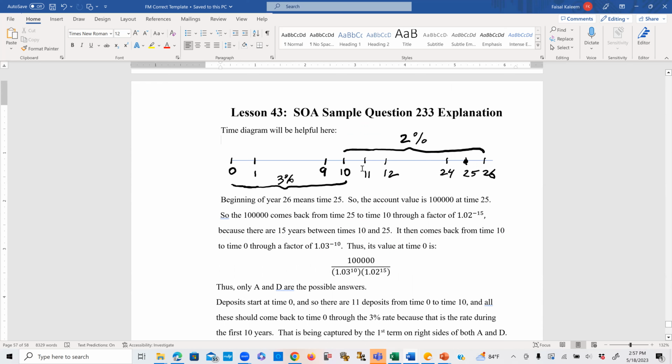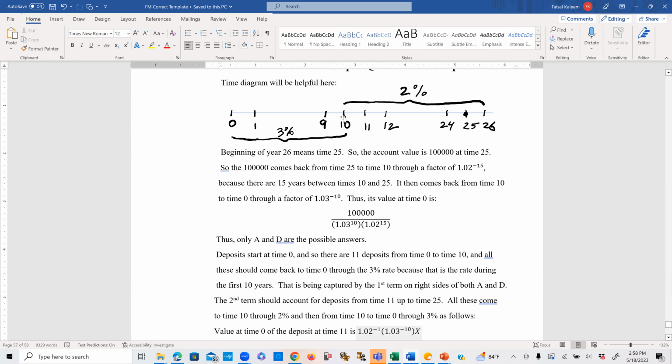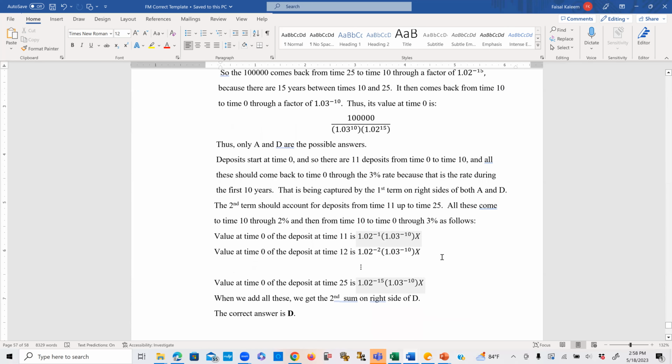So for all of these deposits, you always have a factor of 1.03 to the negative 10, because at some point they're all coming back from 10 to 0. And so if you add all of these up, you will have an X as a common factor. You will have a 1.03 to the negative 10 as a common factor. And then these will add up from power negative 1 to power negative 15.